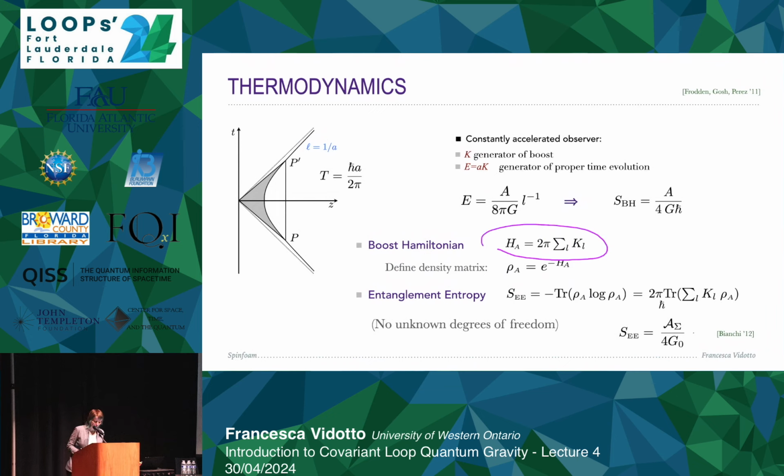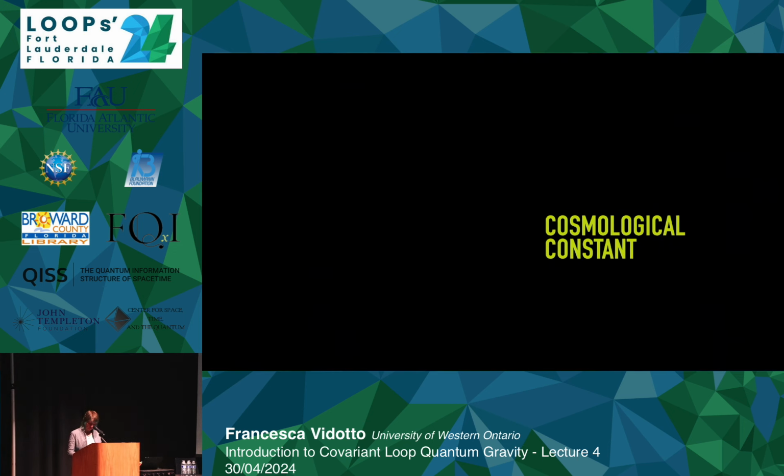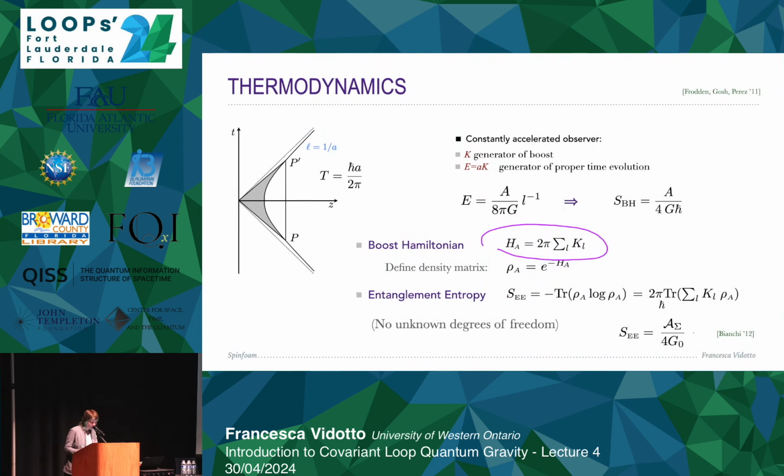And from this boost Hamiltonian and the fact that you can define an Unruh temperature for an accelerated observer, basically you get directly a notion of entropy for the gravitational fields.